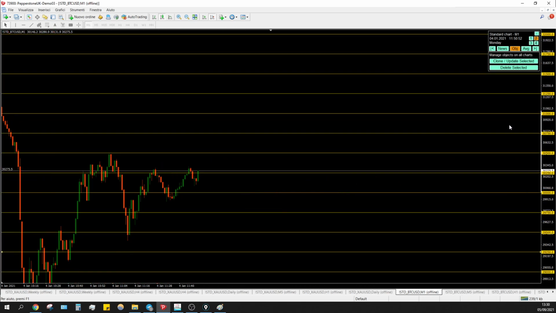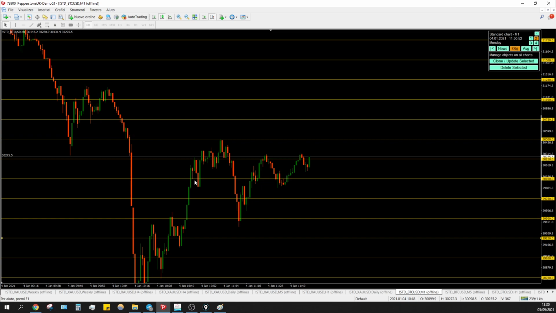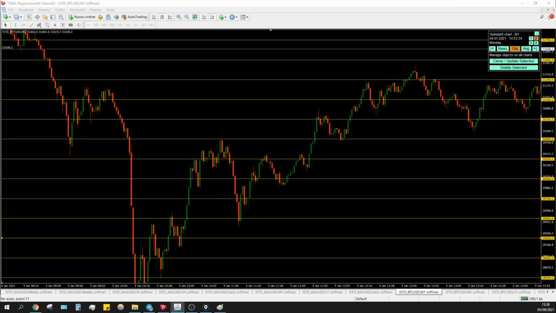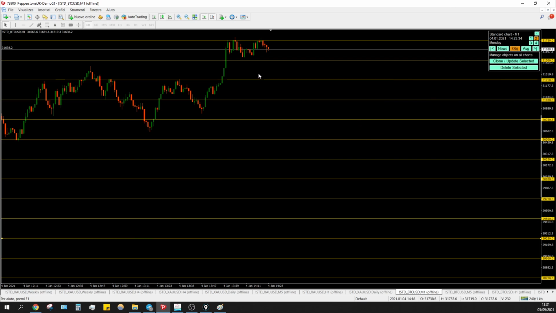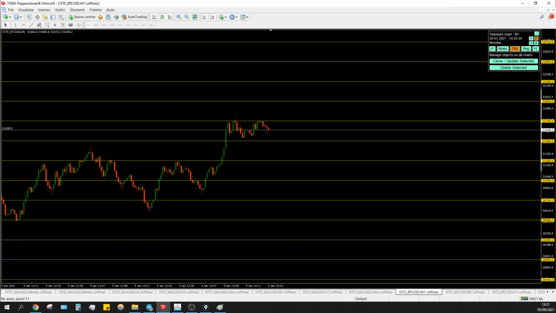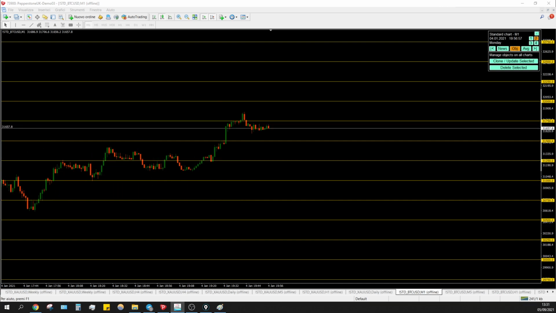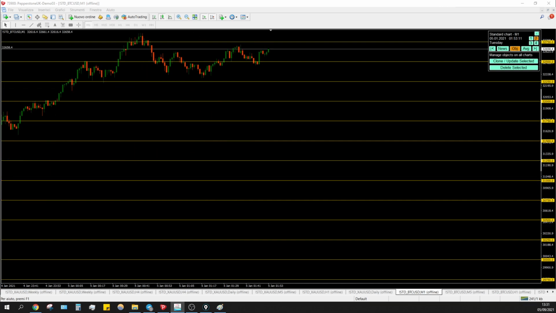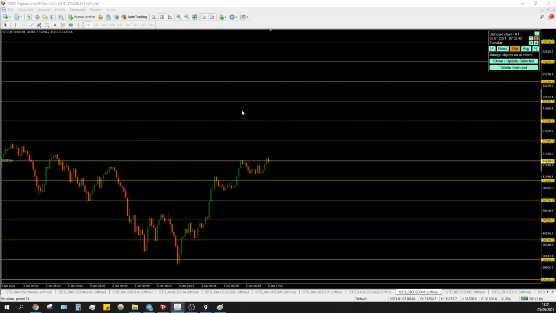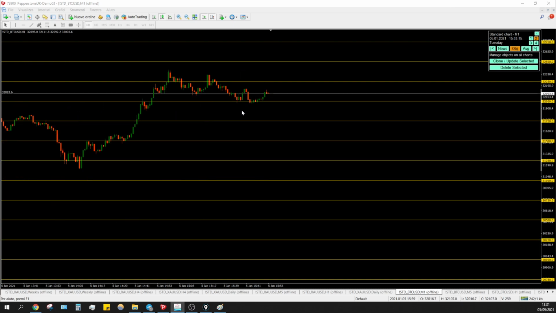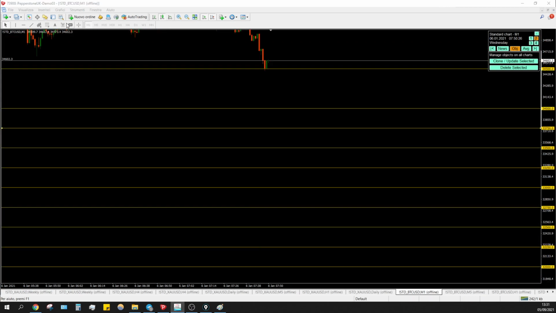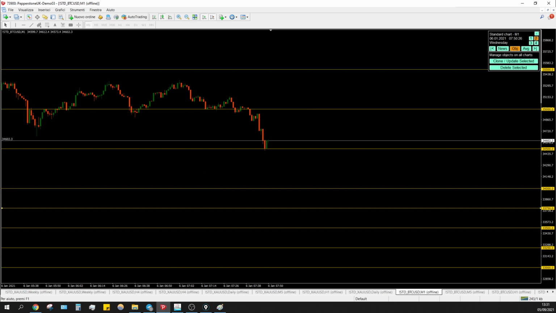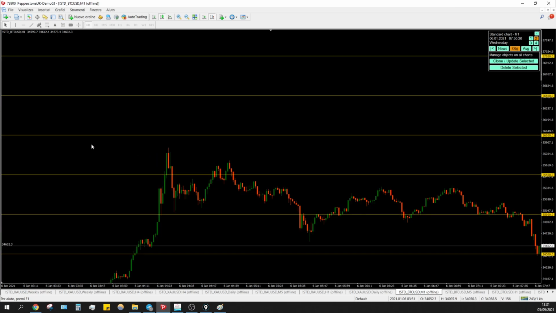Look, okay. Double bottom at PPLs. Bullish moves always happening.